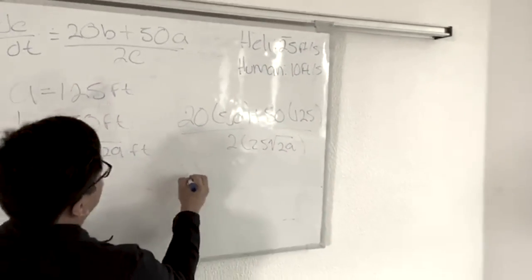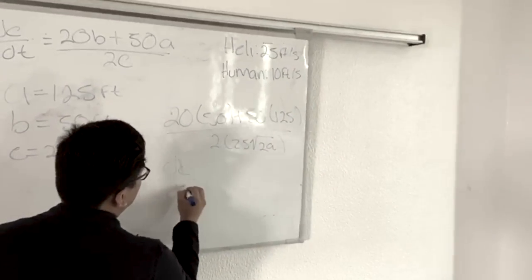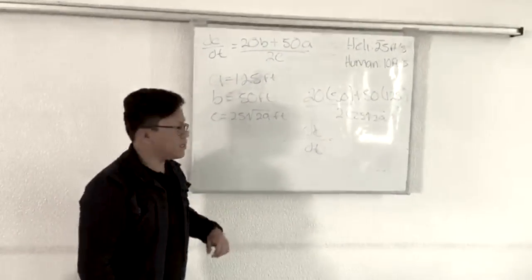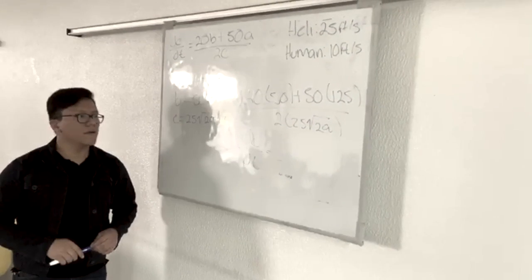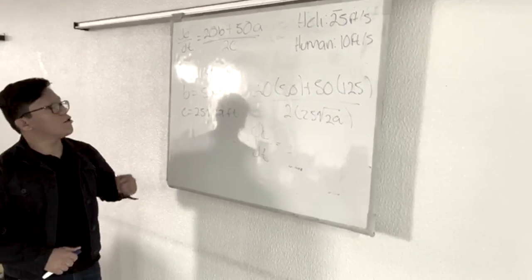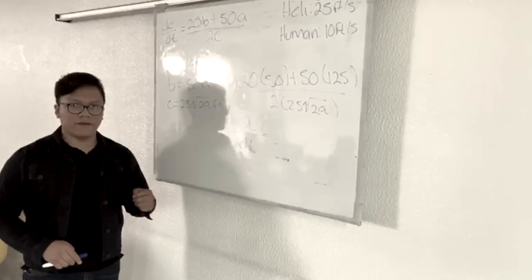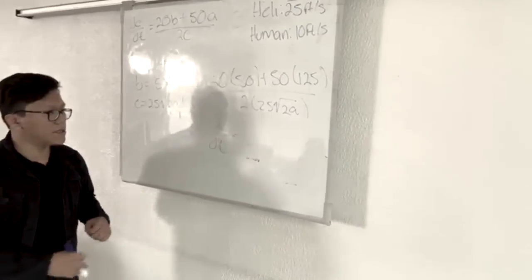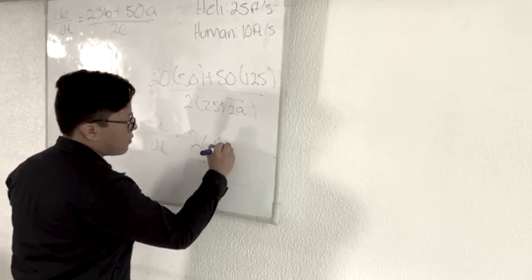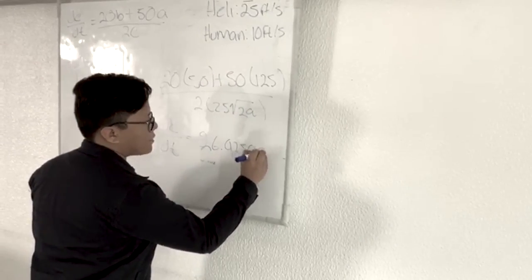This leads to dc over dt, or the rate of change of the distance between the helicopter and the human. The final result of dc over dt is going to be 26.9258 feet per second.